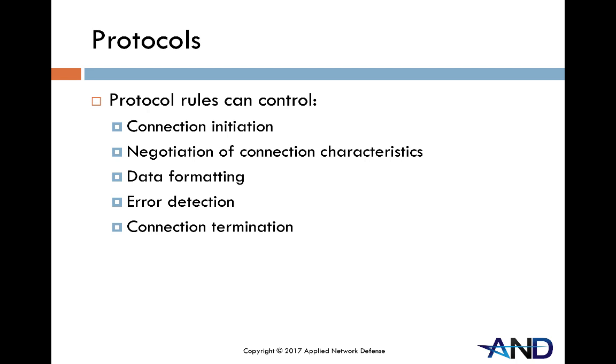The data formatting, of course, one of the most important things is the actual structure the data is in, so the system knows what to expect and how to interpret that. So that's really important for encapsulation and decapsulation, which we'll talk about here in a moment. Things like error detection as well as connection termination. So again, not too different than the rules of spoken language, we have the rules of digital language or the rules of protocols.